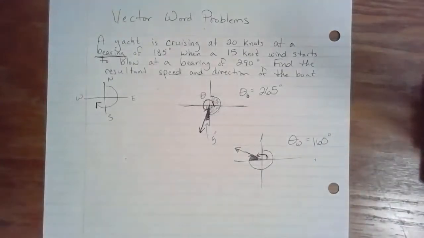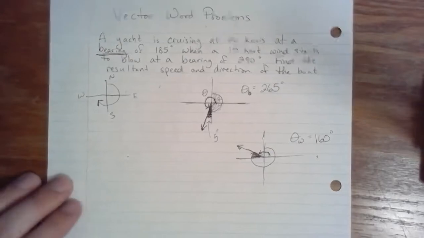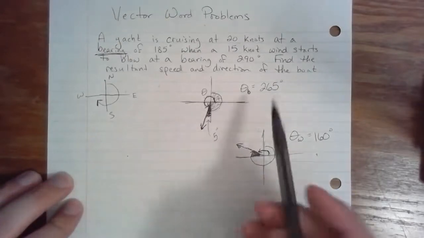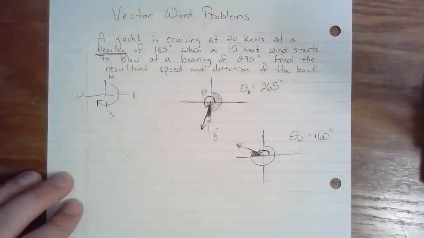So we've set this up now so that we can work with them as if they had provided us with an angle from the positive x-axis and counterclockwise. Now that we've done that, everything else about this problem is the same as it's been in pretty much every other example. I want the resultant speed and direction, that's magnitude and direction. So I'm looking for the resultant, the combined force.